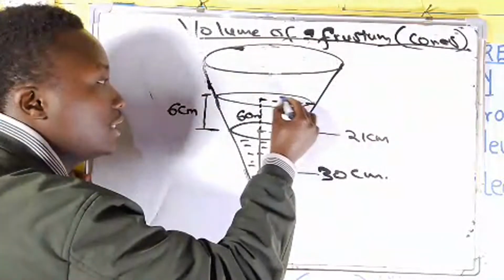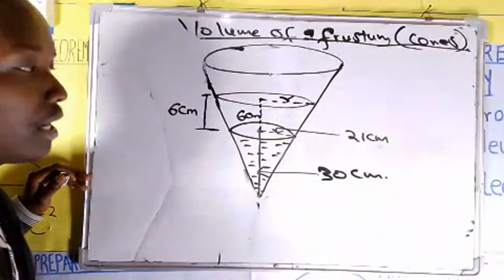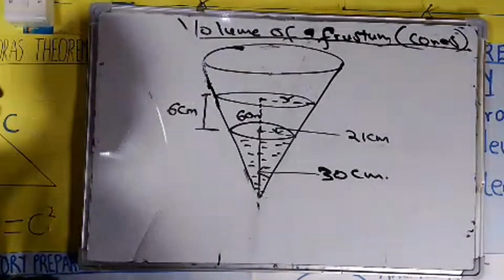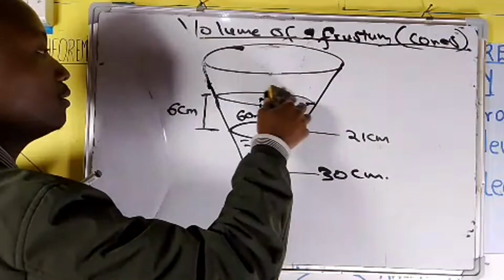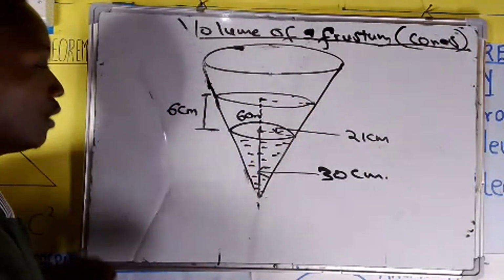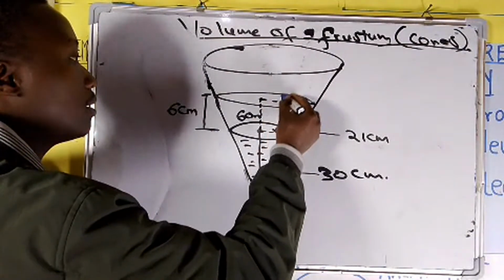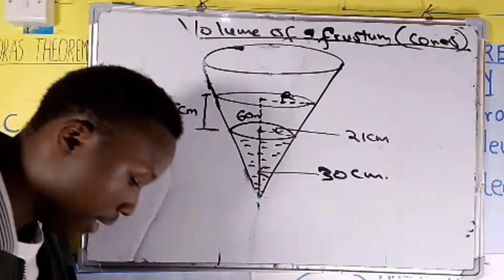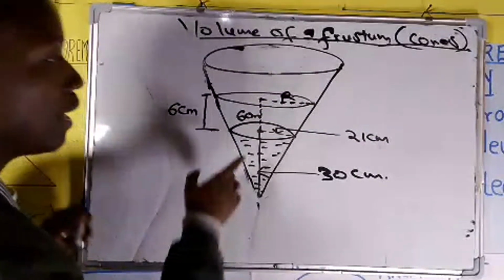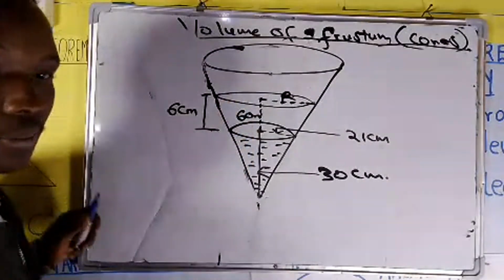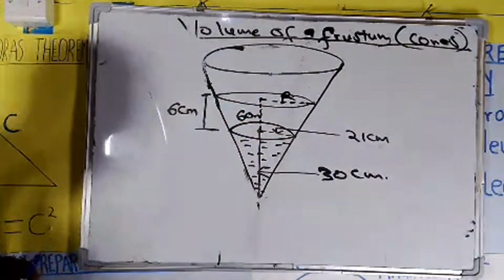But the new radius we don't have. So let me use capital R. We don't have the new radius, but at least we have been informed that the water rises by 6 centimeters.